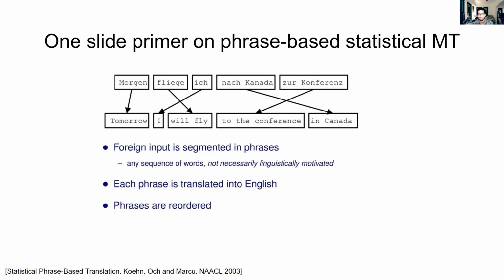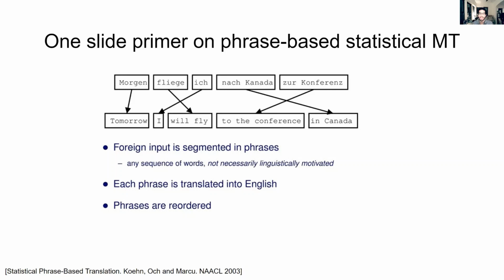For example, if you have to translate from German to English, what you first do is split your German sentence into phrases. These phrases don't have to be linguistic phrases. They can be any n-grams. What you do then is translate each of the phrases individually to English, for which you need a phrase table, a table of phrase translations.